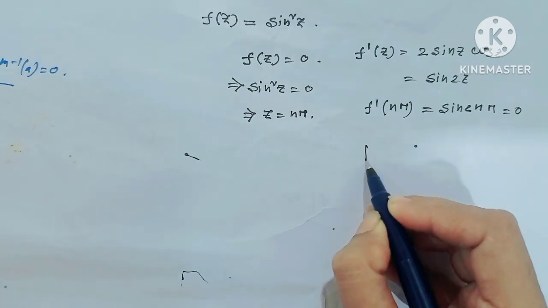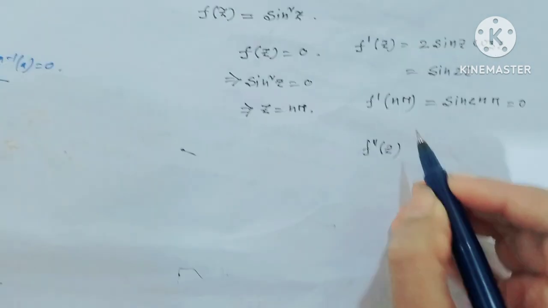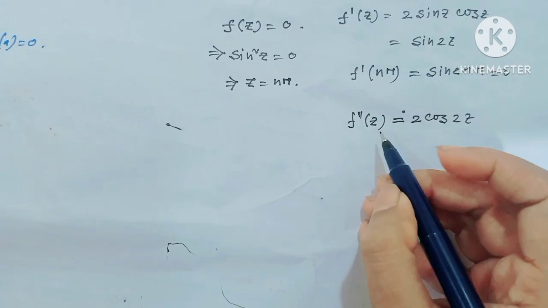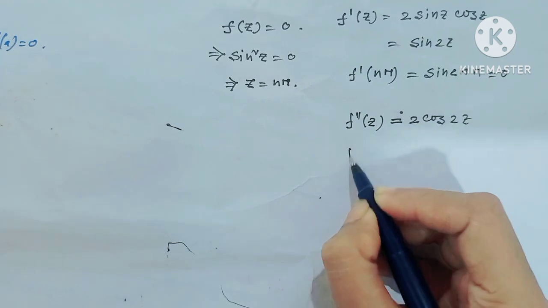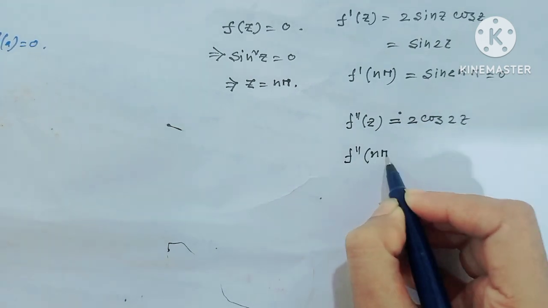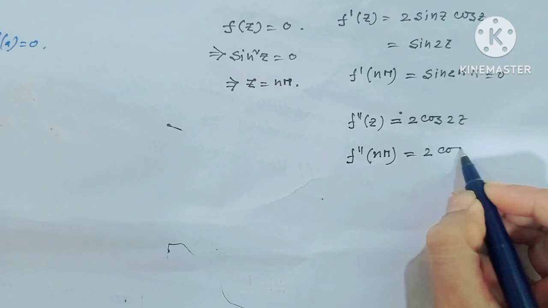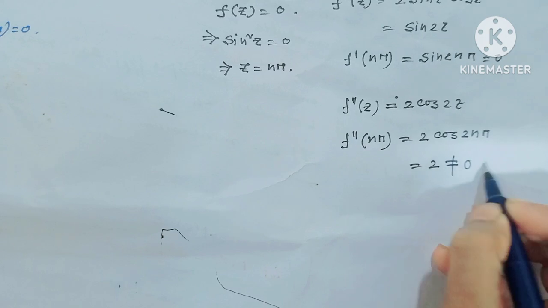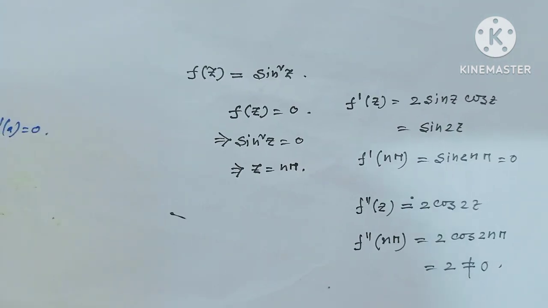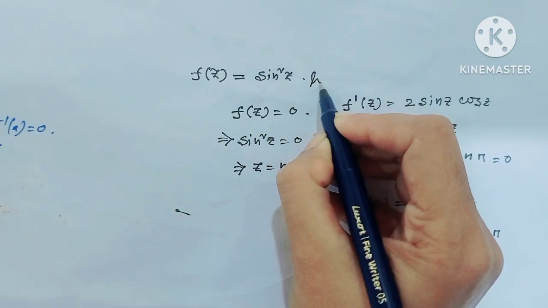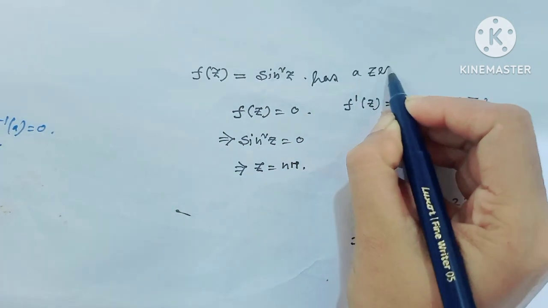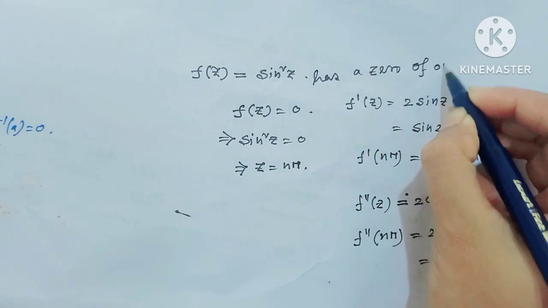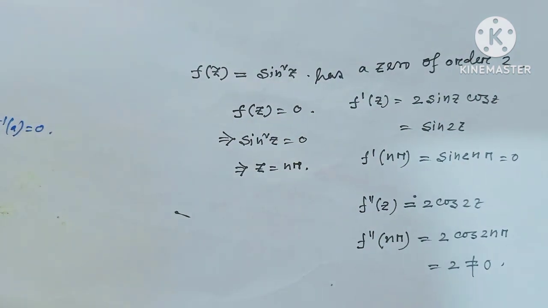But if we consider f''(z), this value is 2 cos 2z, and f''(n pi) is 2 cos 2n pi. That means this value is 2, which is not equal to 0. That means f(z) = sin squared z has a zero of order 2. I hope all my viewers have understood.